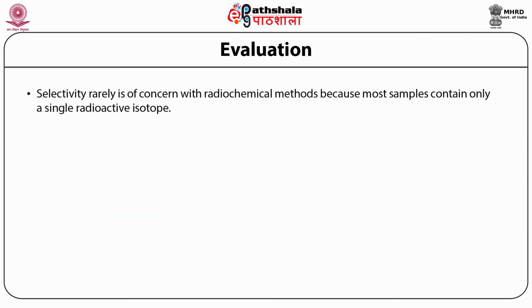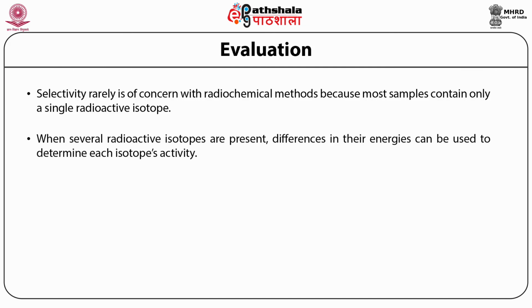Selectivity rarely is of concern with radiochemical methods because most samples contain only a single radioactive isotope. When several radioactive isotopes are present, differences in the energies of their respective radioactive particles can be used to determine each isotope's activity.